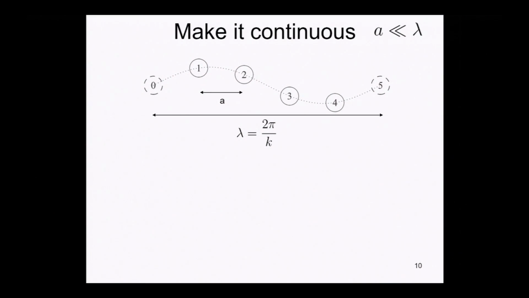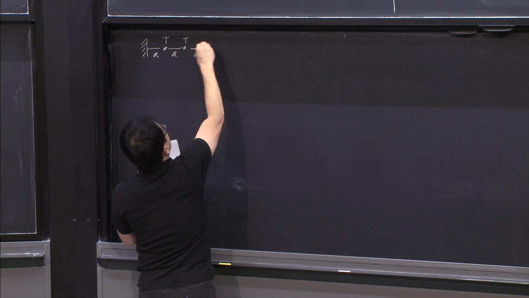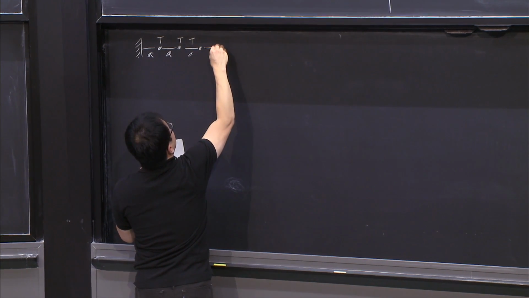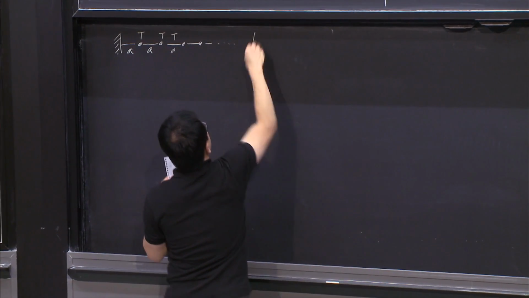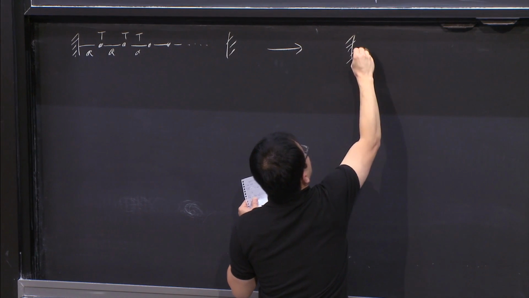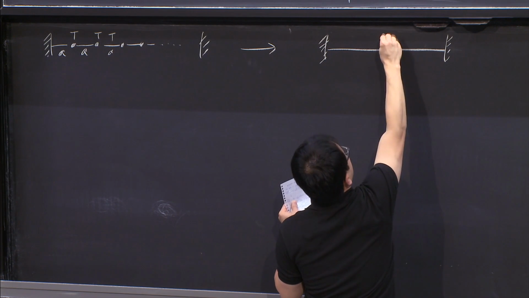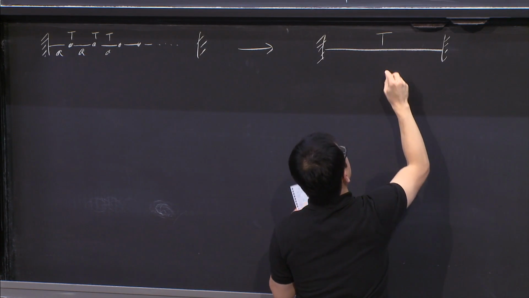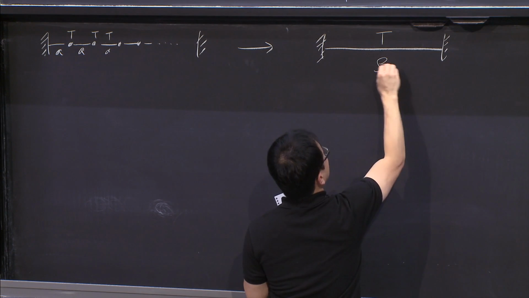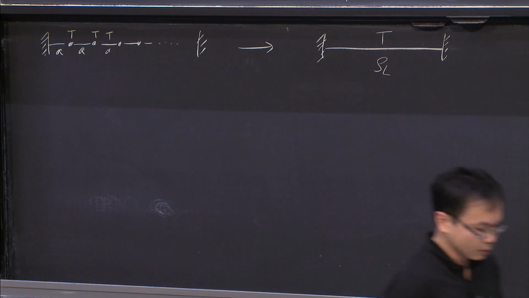What I'm going to do is to go from this, a lot of strings and a mass system, etc., to just an infinitely long string with string tension T and some kind of mass density. We'd like to make it continuous and see what will happen.